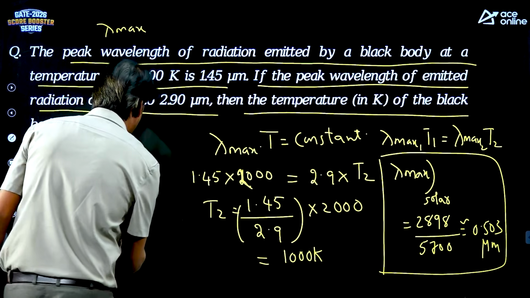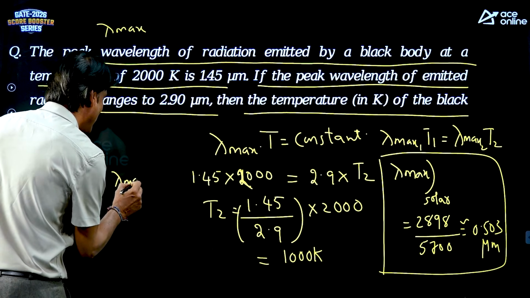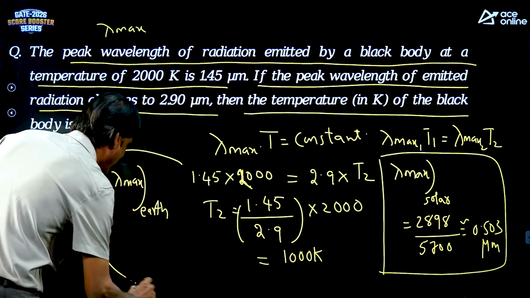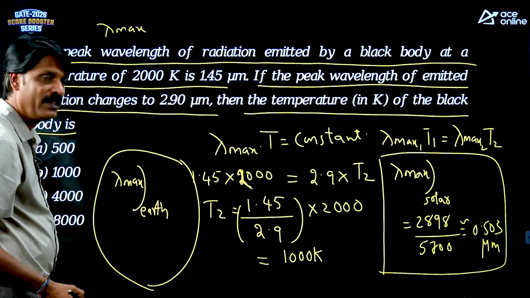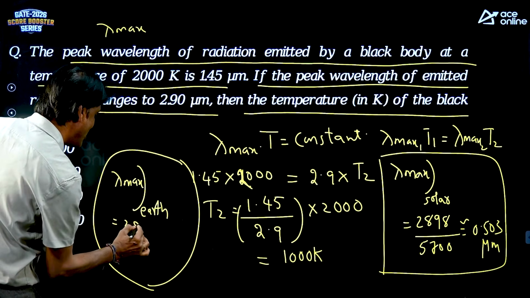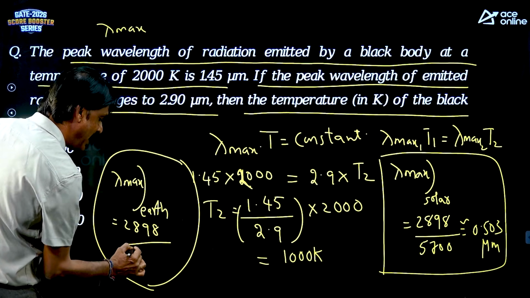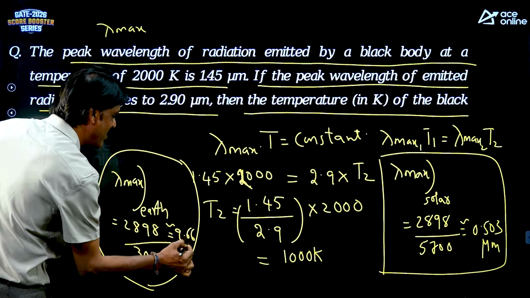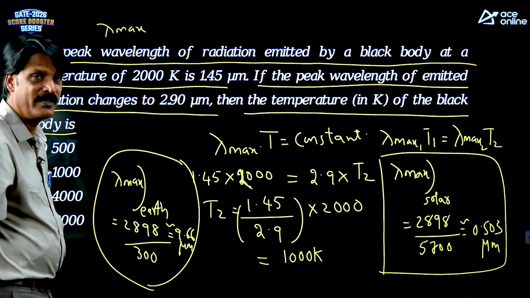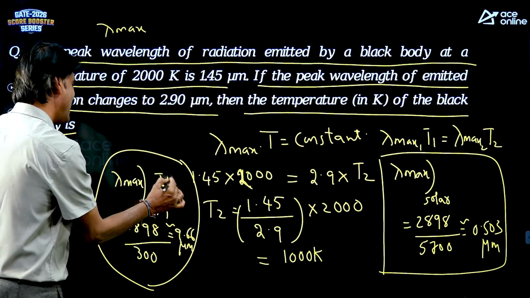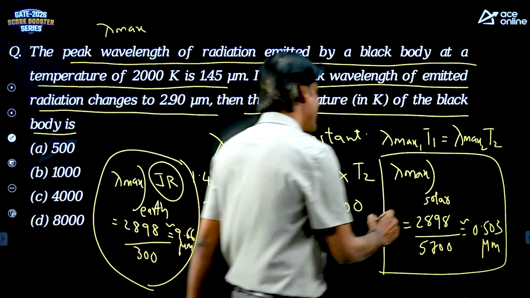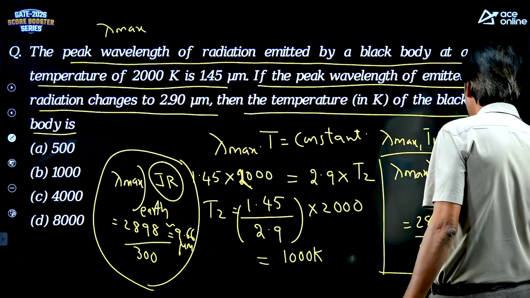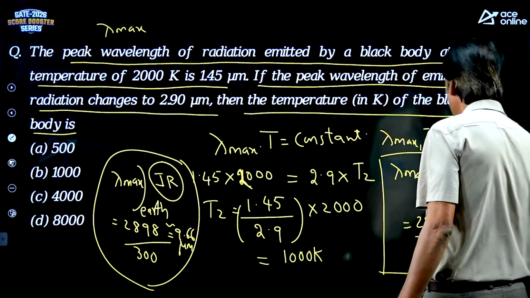Or if they ask you lambda max for earth radiation, then this value is equal to 2898 divided by 300, approximately around 9.66 micron meters. This is infrared, IR. This is visible light. This is the reason why you see the sun. Else you might not have seen the sun with our naked eye.